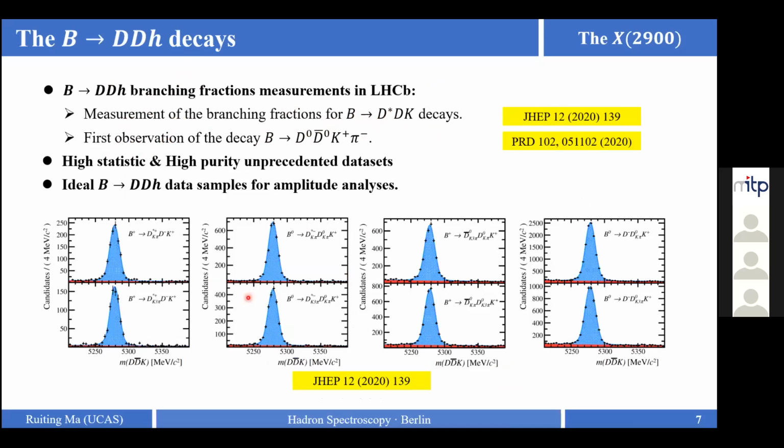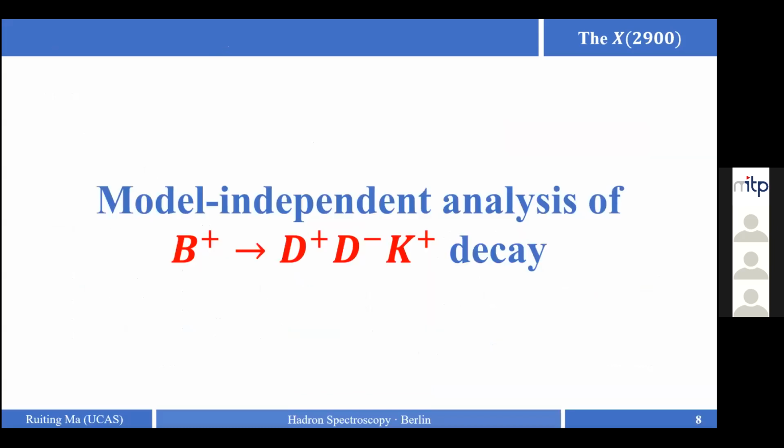The bottom plot shows some results from the first analysis. We could see that all these channels have high statistics with high purities, so they could be ideal B→DDh data samples for the amplitude analysis.